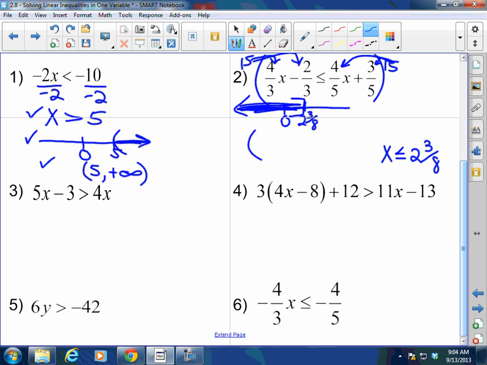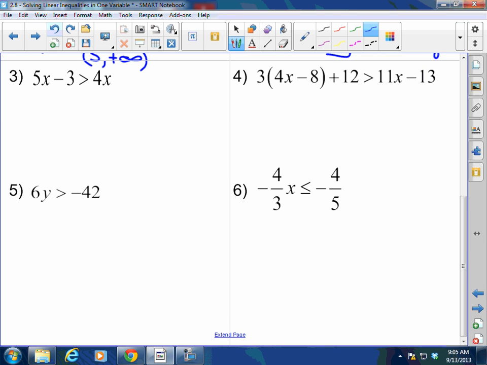My interval notation, my smallest value here is negative infinity, and I'm going to 2 and 3/8. Bracket, negative infinity, comma, 2 and 3/8, bracket. Does that make sense, guys? No, I can't go back because it's a video, and you have the ability to hit pause.